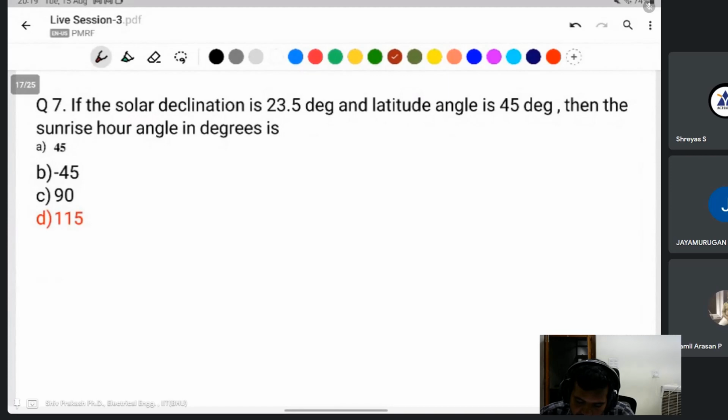If the solar declination is 23.5 degrees and the latitude angle is 45 degrees, then find the sunrise hour angle.